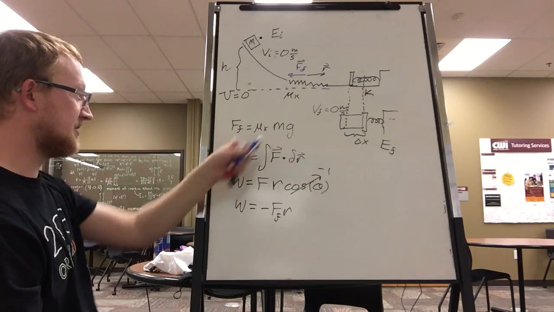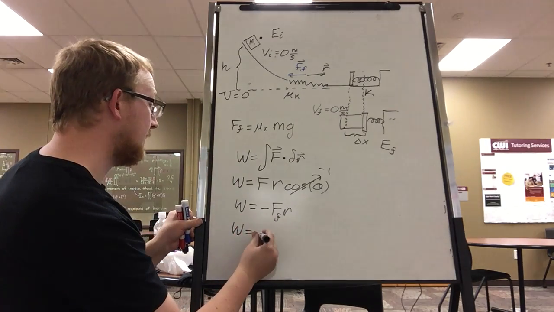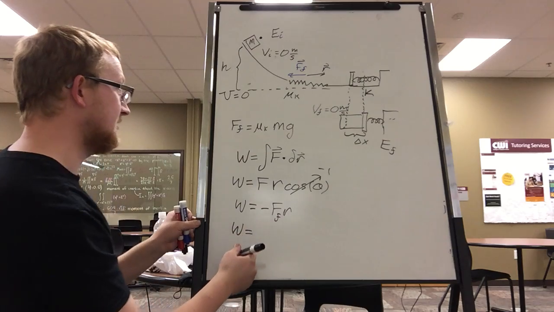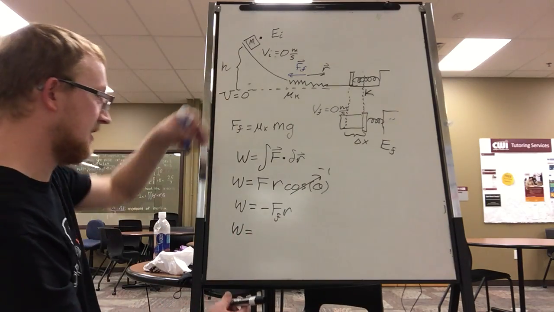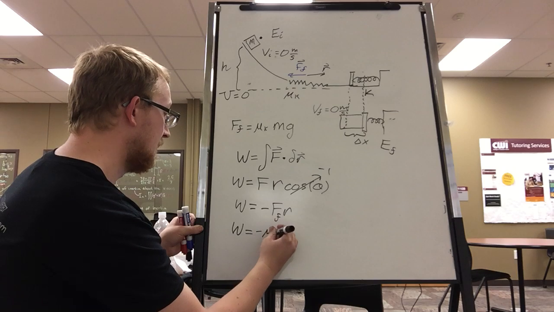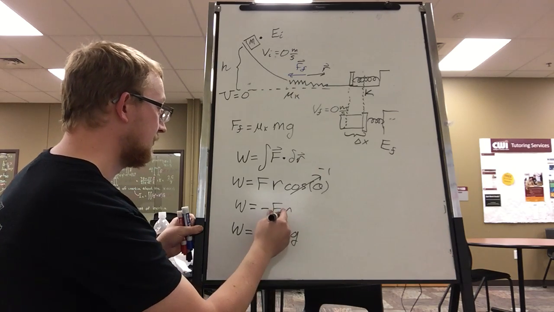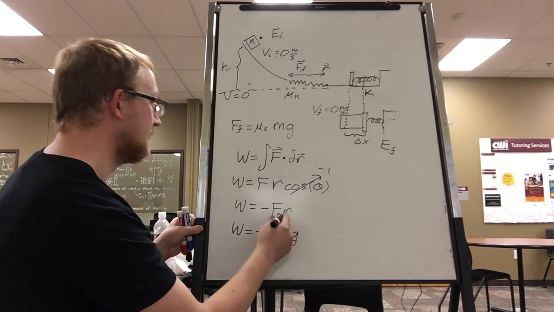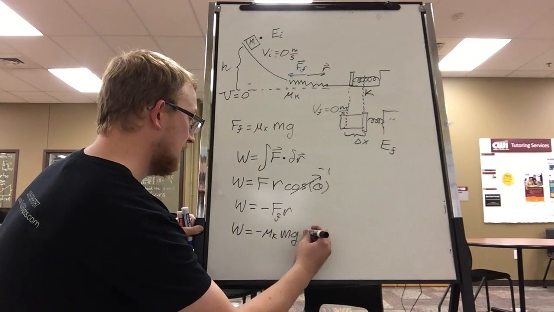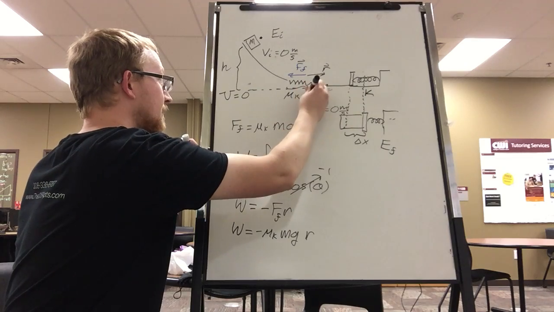And of course the force due to friction is mu k times mg, and so the work that the friction has taken out of the system by loss due to heat primarily is going to be minus mu k mg times the distance that it's been displaced through, this distance r.